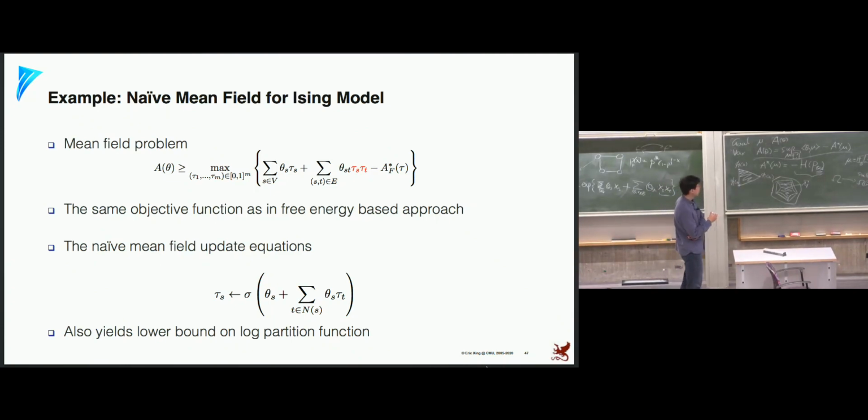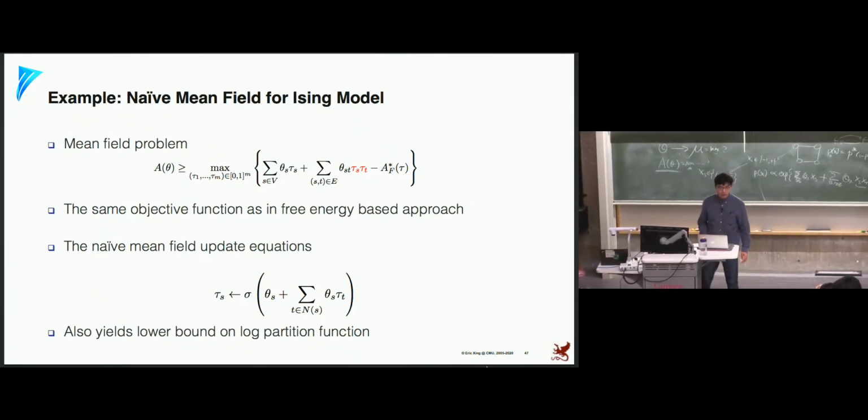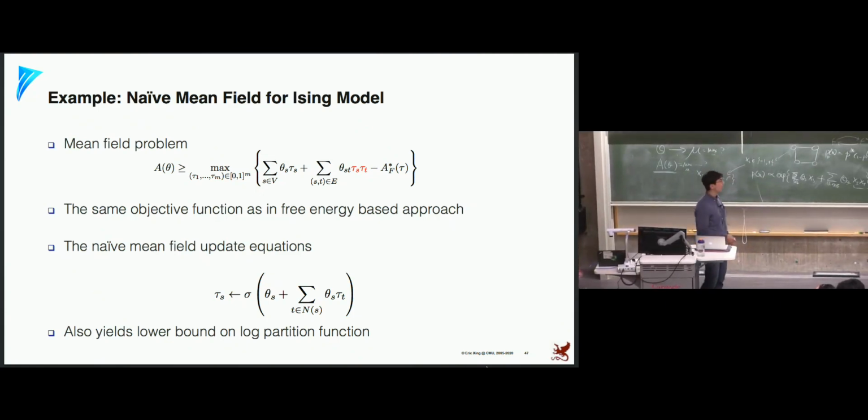Also, because this is an inner approximation, the optimization problem is restricted to a smaller set, so the approximate answer we get is always going to be smaller than the true answer. That's why we are lower bounding the log partition function here.